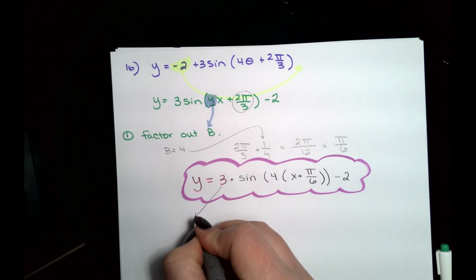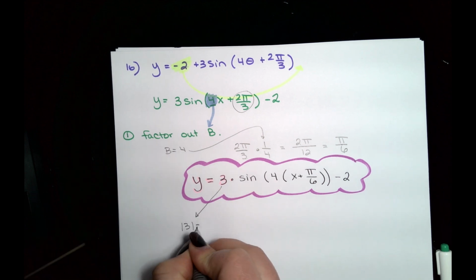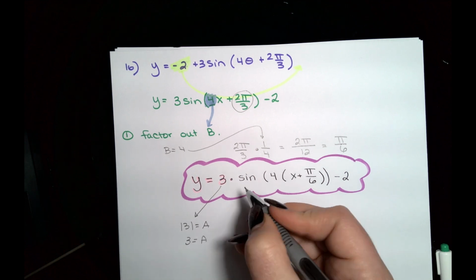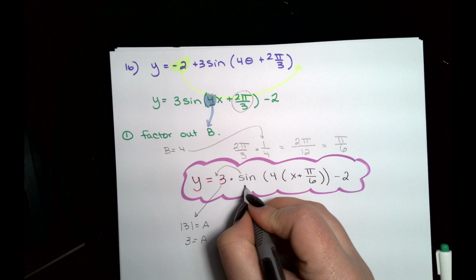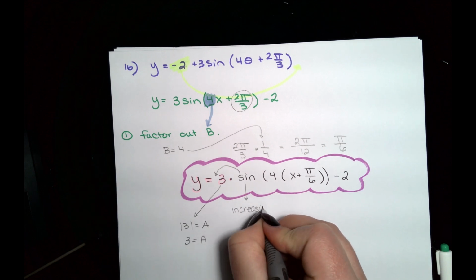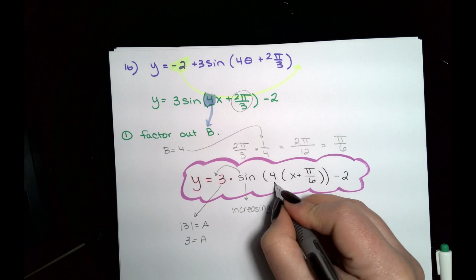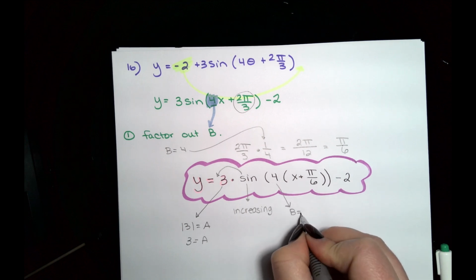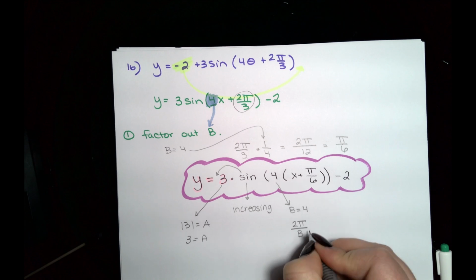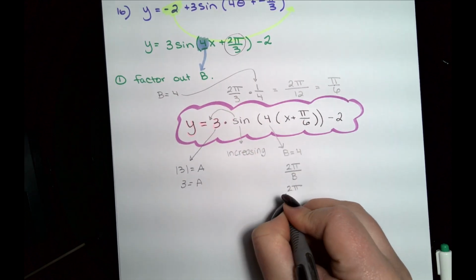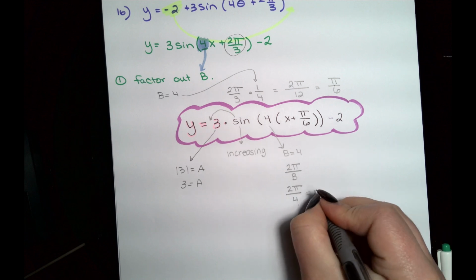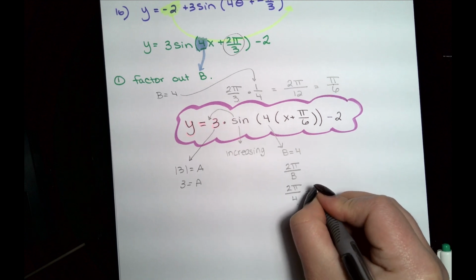Okay, 3 absolute valued is our amplitude. That is the distance above and below our midline. Sine is going to be an increasing function going up. B is 4, which is going to be used to solve for our period, which is going to be 2 pi over 4.